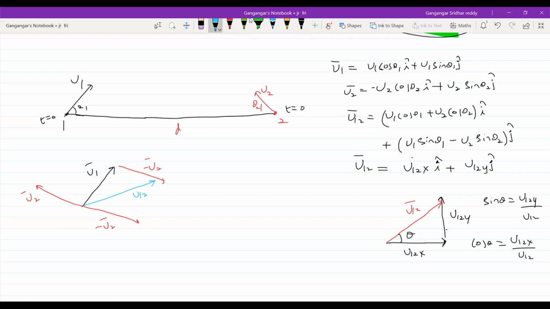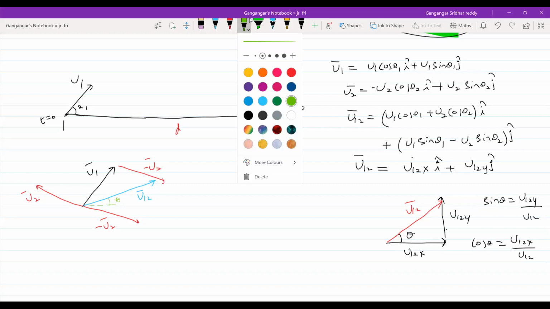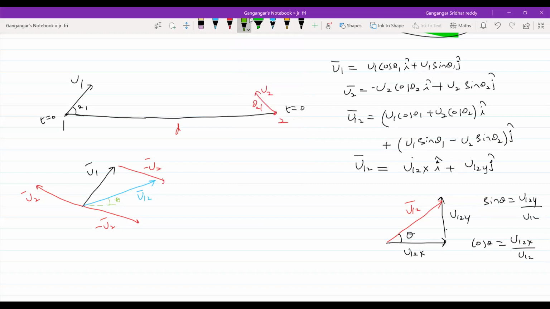Okay, can anybody say something about the angle made by u12 bar? This was that angle, no? Alpha, or theta, sorry. I'm writing in green color. And what is theta 1? Theta 1 is here.